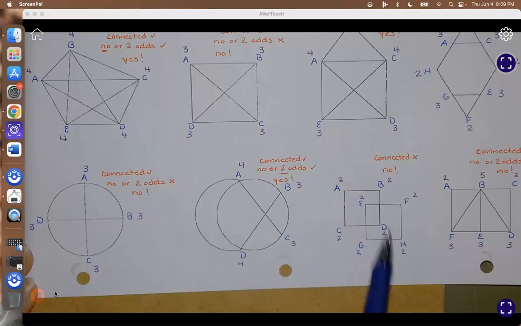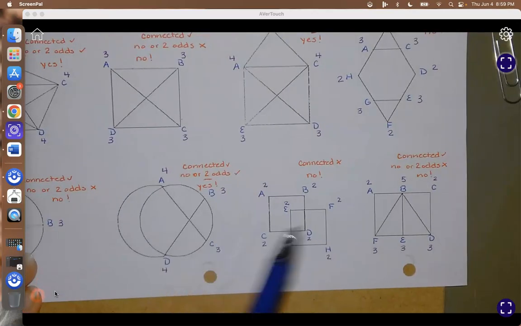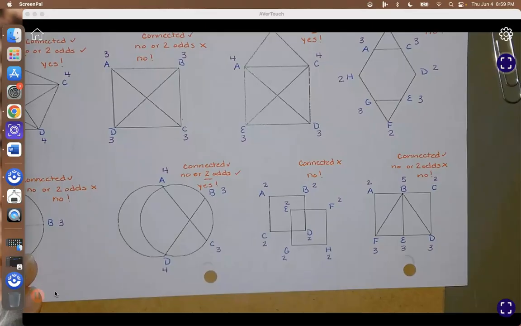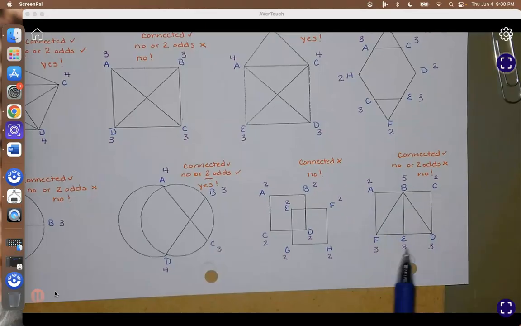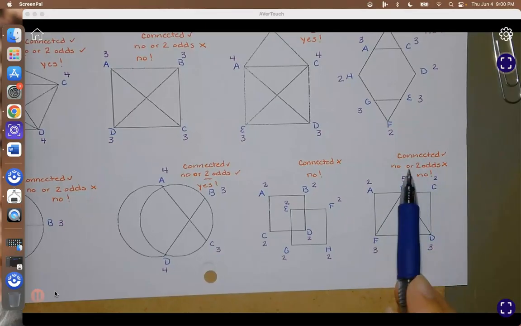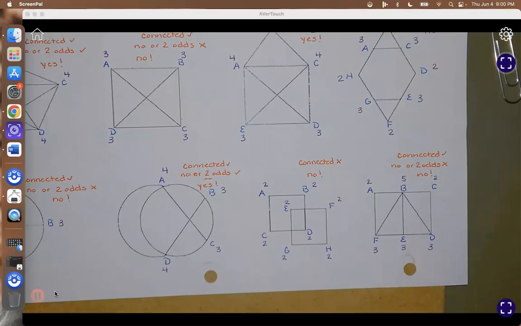All of these had 2, but it is not connected, so the answer is no, because you can't get from A to E. They're 2 independent squares. Even though their lines overlap, there's not a vertex there, so you can change direction. Here you have a 2, 5, 2, 3, 3, 3. It's connected, but it has more than 2 odds, so the answer is no.